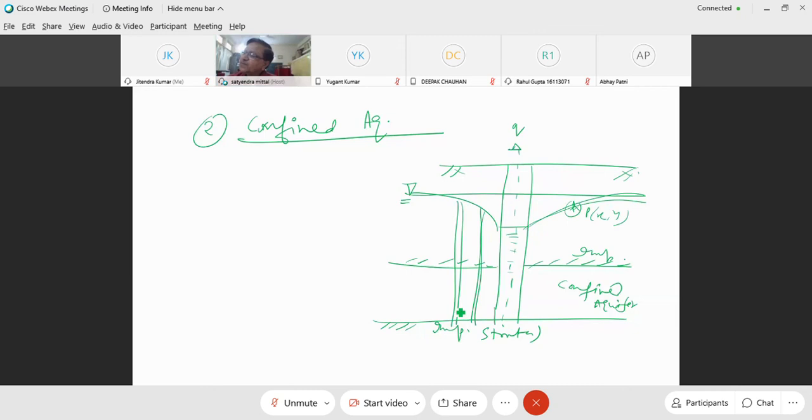This is H1, this is H2, this is S1, this is S2. Same small r, and X and Y coordinates here also.